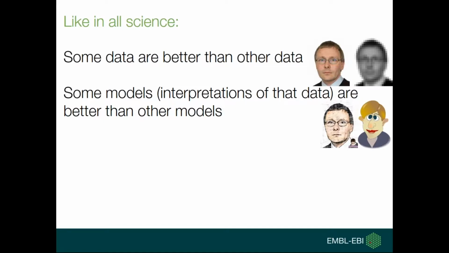Here's two interpretations of that data, one of them rather more flattering than the other, but it's important as well to realize there that the image on the right, if all you need to interpret from the data is that I am a white male human, then that data is perfectly sufficient. And the same as the data in the PDB, you need to realize what interpretation is being made from the data.